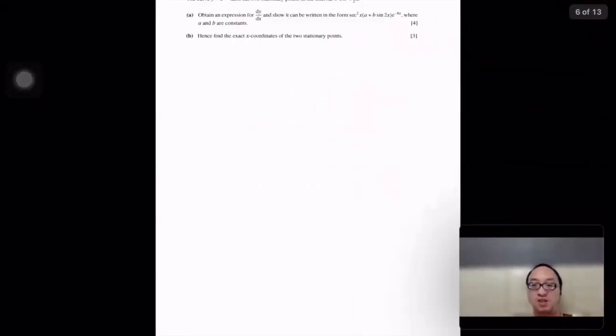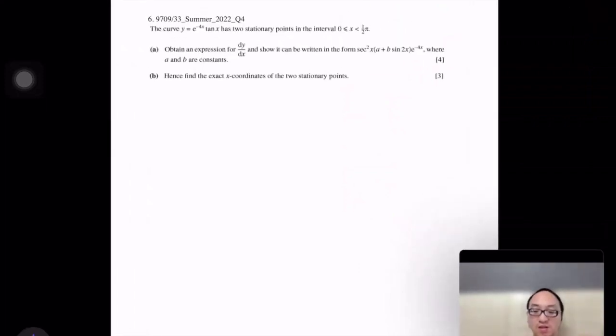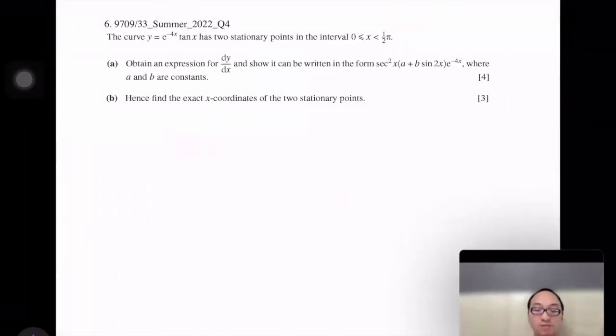Next, the curve y equals e^-4x tangent x has two stationary points in the interval x between 0 and half pi.